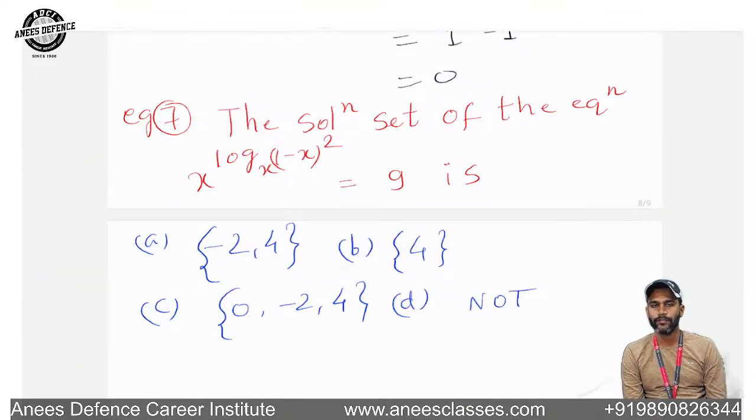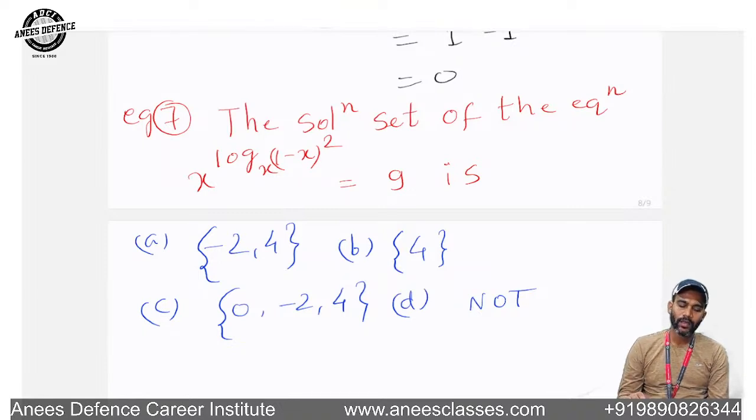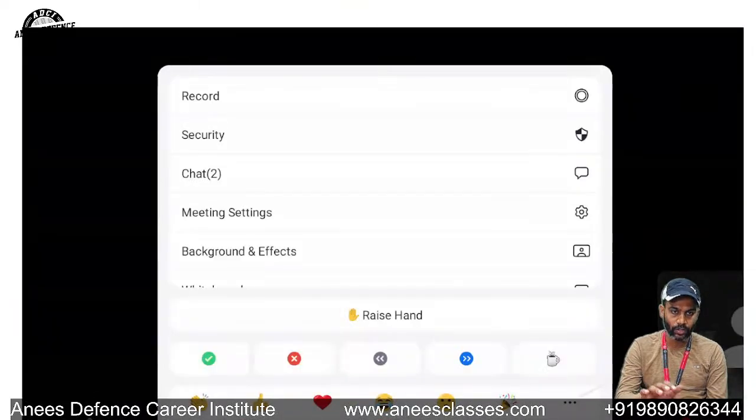Please try, very easy. Yes, have you got the answer? Yes, online students, very easy. X to the power log base x of (1 minus x) whole square is equal to 9, then you need to find out the value of x. Somebody has got the answer.